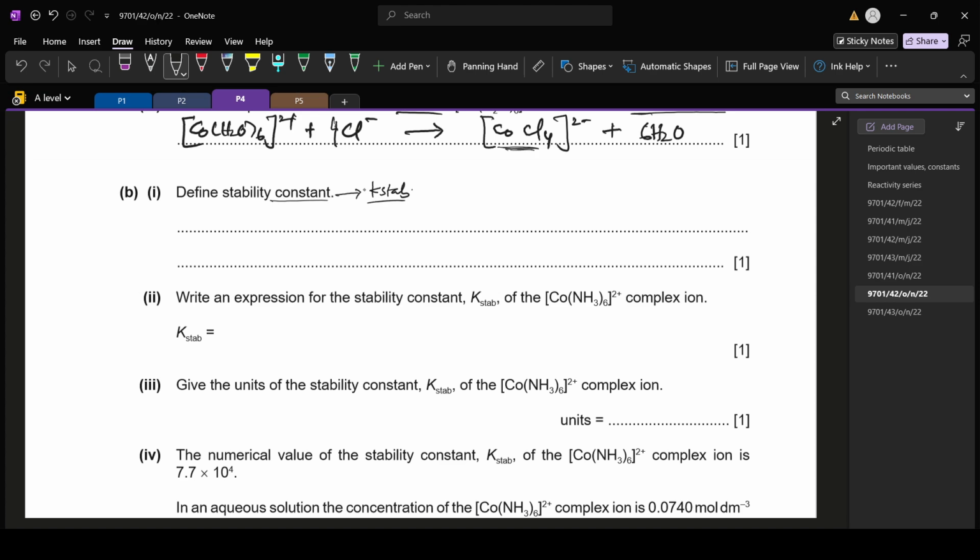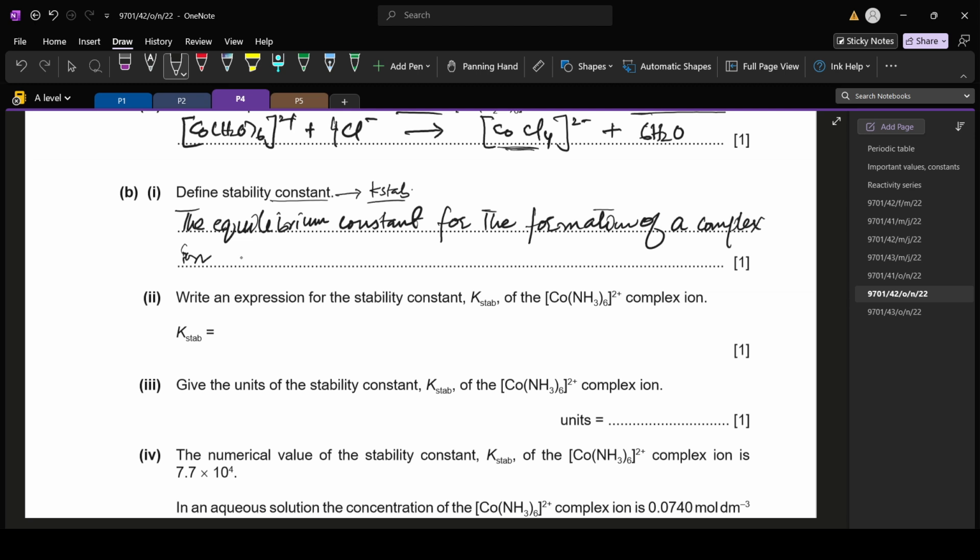It's the equilibrium constant for the formation of a complex ion in a solvent from its constituent ions at equilibrium.